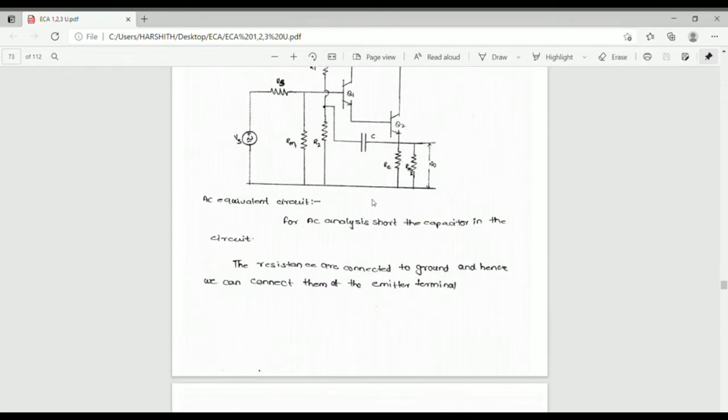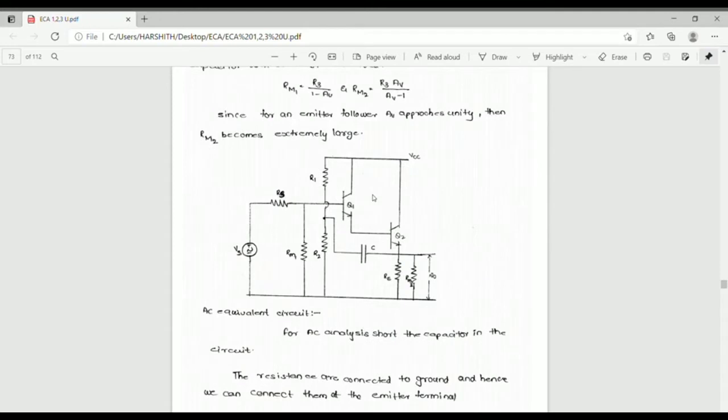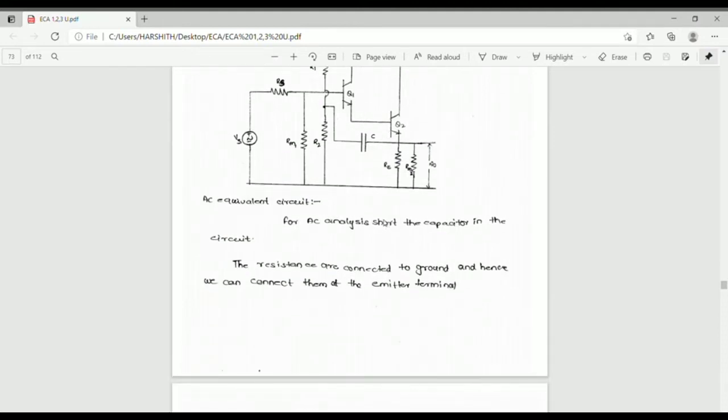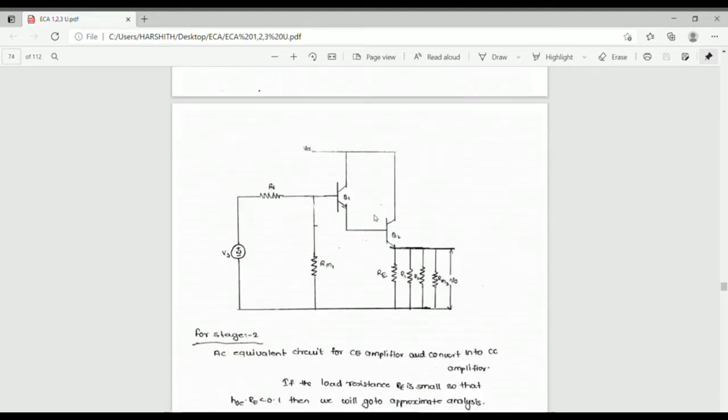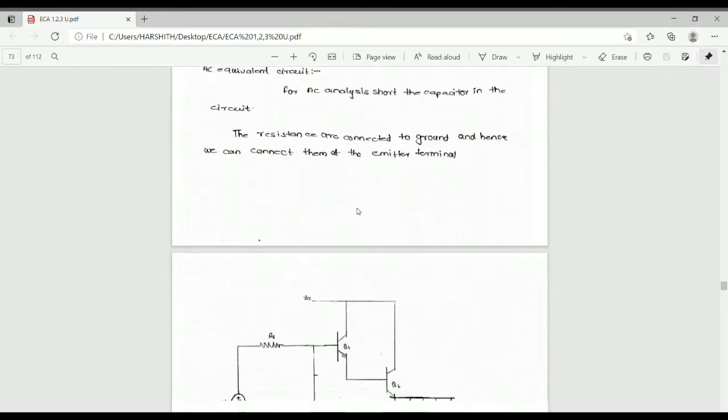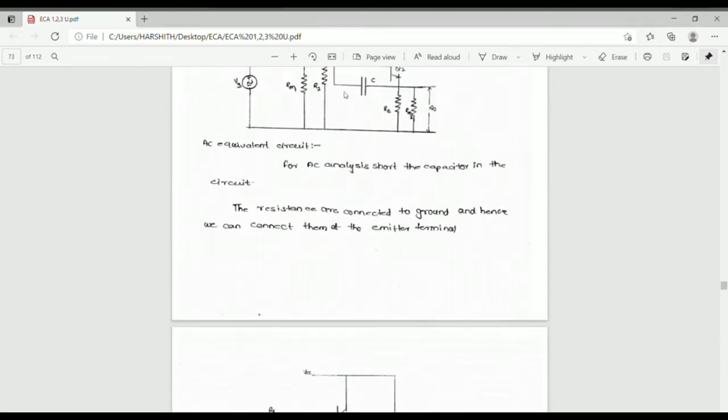For the AC equivalent circuit, for AC analysis, short the capacitor in the circuit. So this capacitance will be shorted. The resistances are connected to the ground, and hence we can connect them at the emitter terminal. In this modified circuit, the capacitor is shorted.